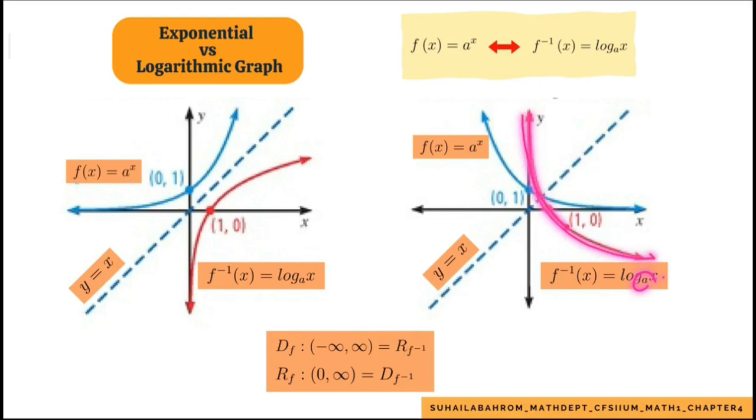The red graph here shows the reflection of the exponential graph on the line y is equivalent to x. Therefore, the domain of the function f, which is the exponential function, negative infinity to infinity, will become the range of the inverse function, and the range of the function f, which is 0 to infinity, will become the domain of the inverse function.